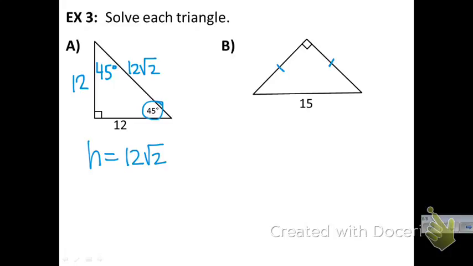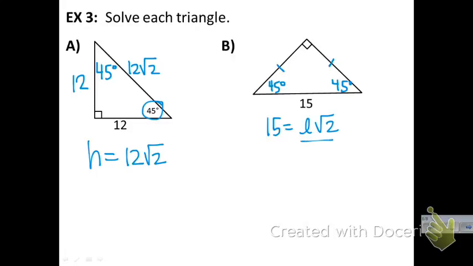Okay, so on B, again, you want to verify that you have an isosceles right triangle. These marks tell you that it's isosceles, so then we automatically know these angles are 45. And we identify this 15 as being the hypotenuse. So I'm going to use the formula that says the hypotenuse, 15, is equal to a leg times root 2.